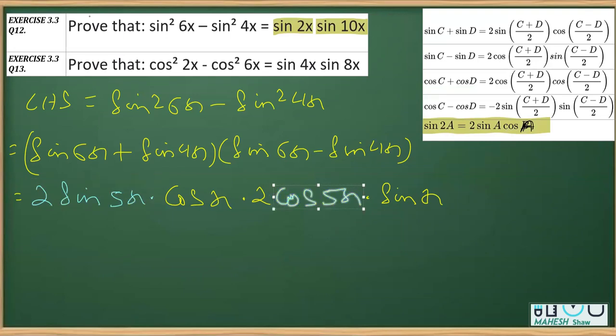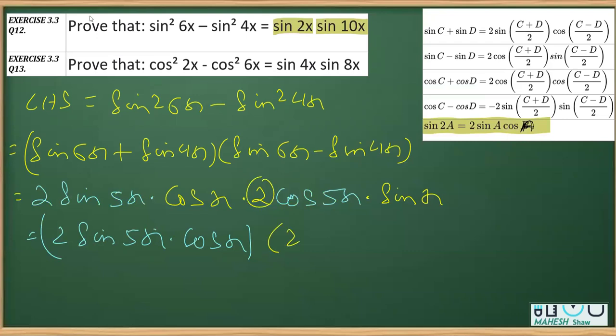Now check here. If I write 2 sin 5x into cos 5x as one part, we can enclose them in a bracket, and the remaining part, I wrote this 2 first, then sin x, and then this cos x.